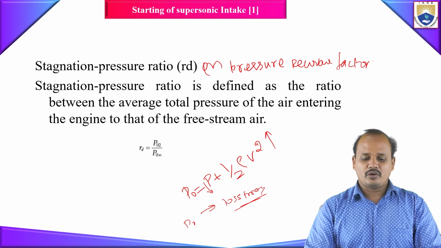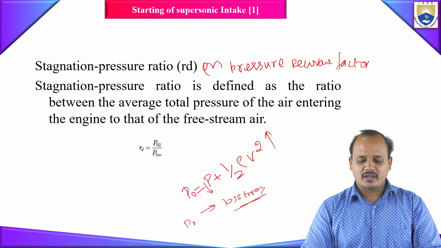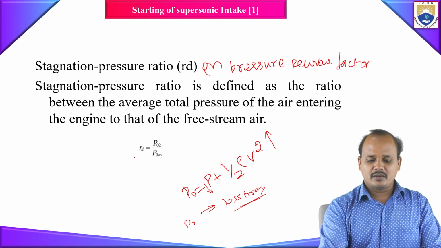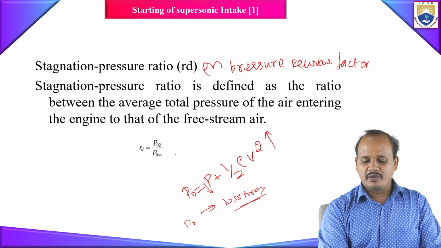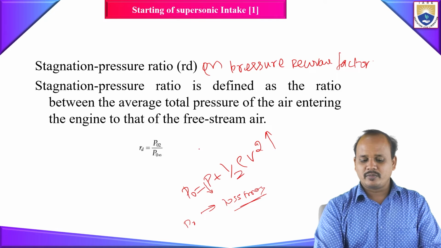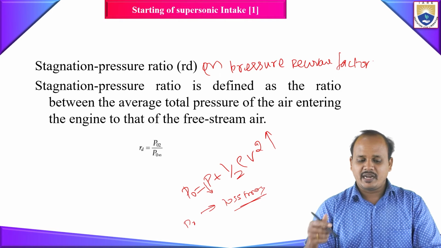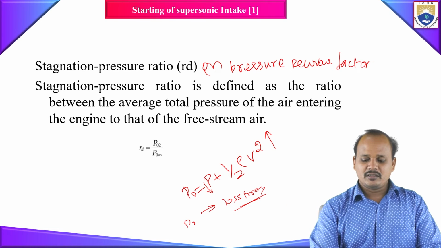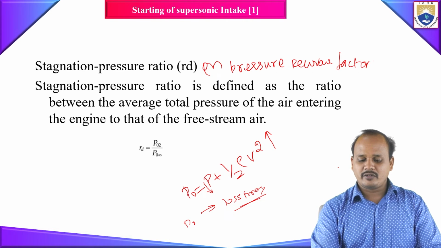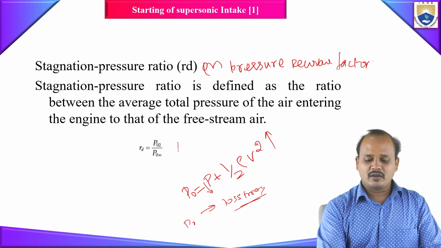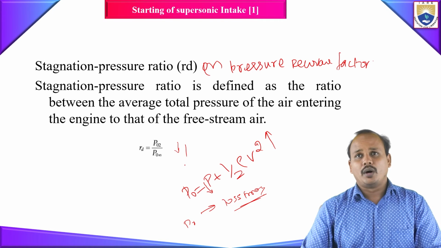This ratio is what we call the stagnation pressure ratio. Since there is going to be a frictional loss when the flow passes through a subsonic intake or a supersonic intake, due to shock formation there is a loss in the total pressure. So this RD is always going to be less than 1.